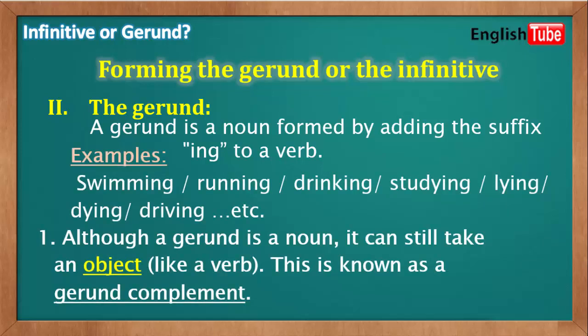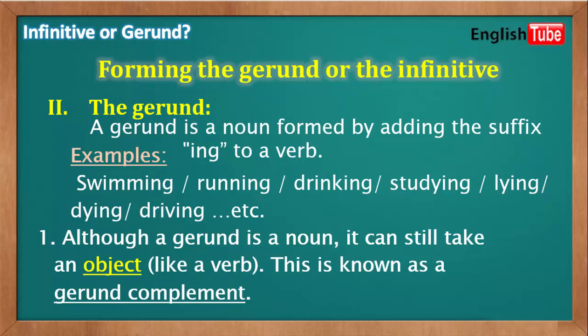You've got the verb swim, we add ing and then we say swimming. Run, we say running. Drink, the gerund is drinking. Study, studying. Lie, lying, right? Die, dying. Drive, at the end, driving, right?